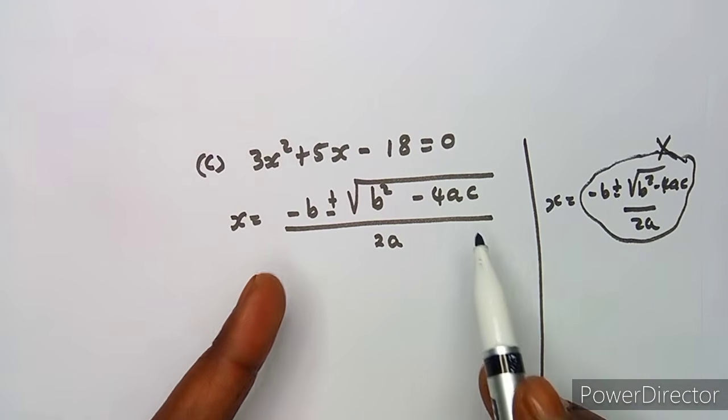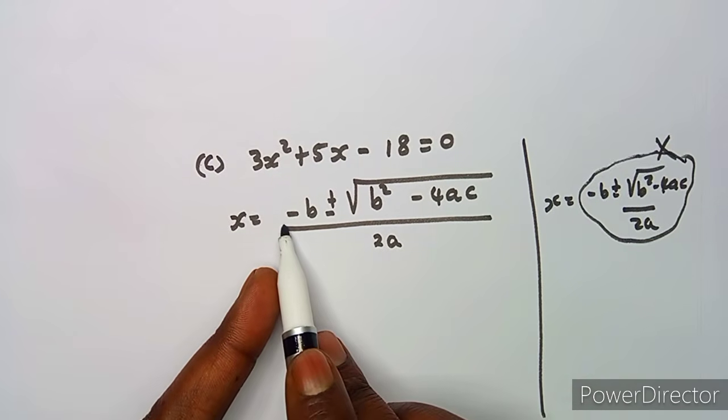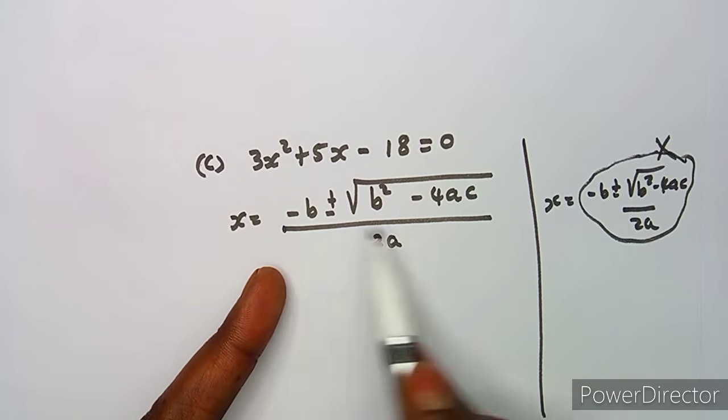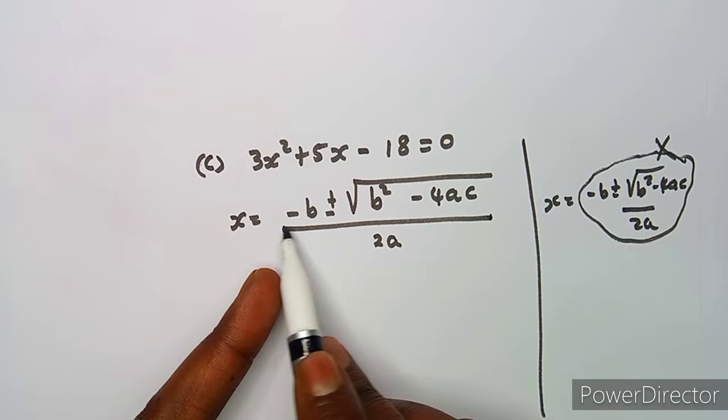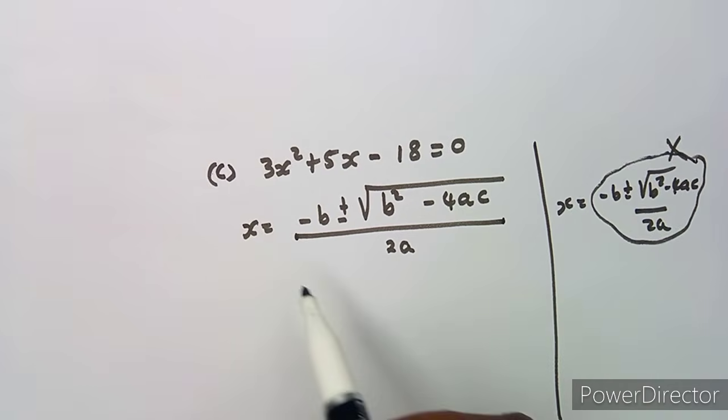Everything under the square root must be covered with the square root, and your division line must run from the start up to the end, because everything is divided by 2a.